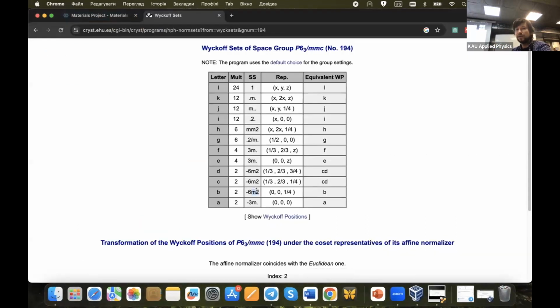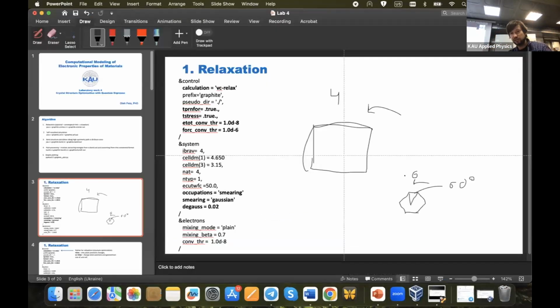Here I see mirror, because if I mirror according to some central axis, I can mirror this, and I can mirror like this, and I will get the same structure.